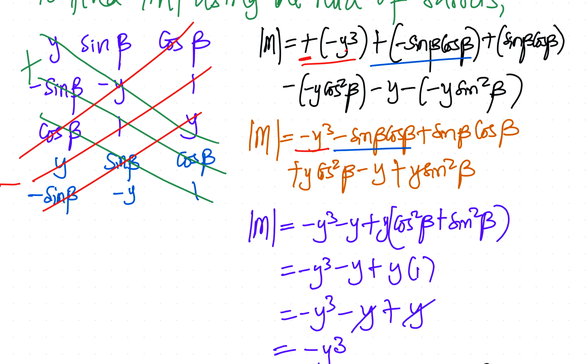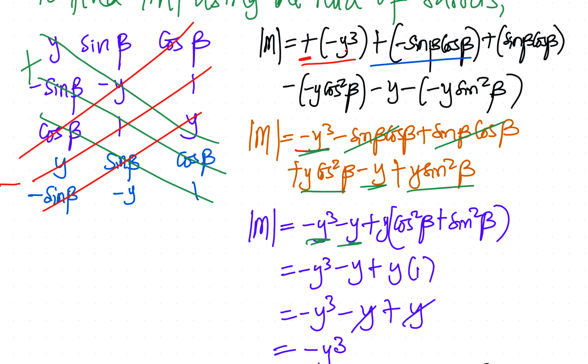You have minus y cubed here. Minus sine beta cos beta will cancel sine beta cos beta, so that is gone. Then minus y is out here. Then you have y cos squared beta plus y sine squared beta. They have y in common, so you can put y outside and factorize. So you have cos squared beta plus sine squared beta.